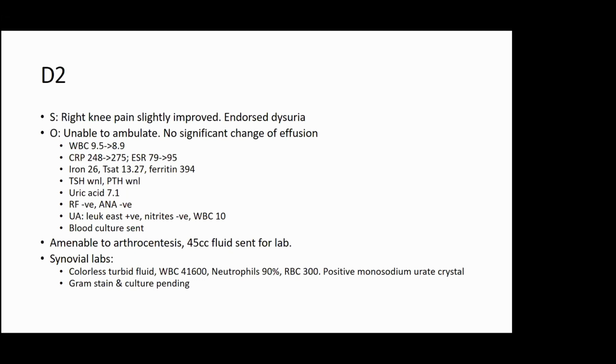So the differential includes the gout flare, and we still need to keep in mind whether this patient has a septic joint, so we are closely following up the culture result. On the second day, we still continued the Solu-Medrol, even though we were a little concerned about the septic joint, but we kept close monitoring.